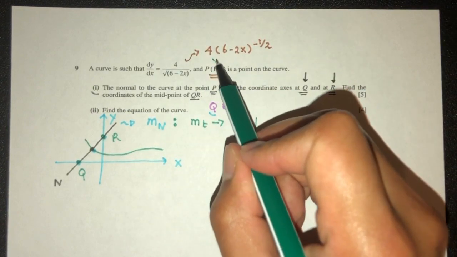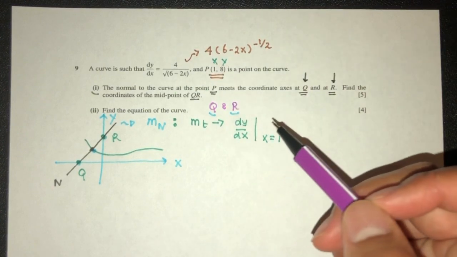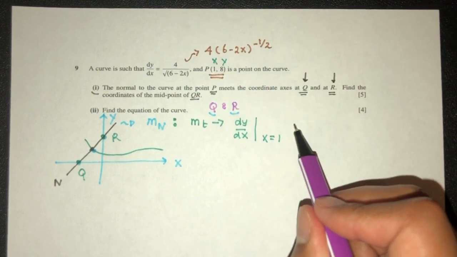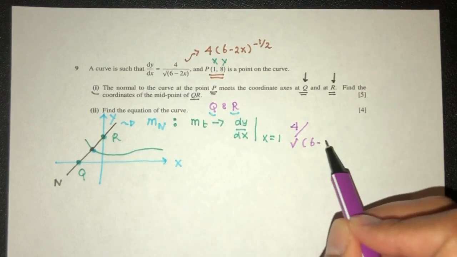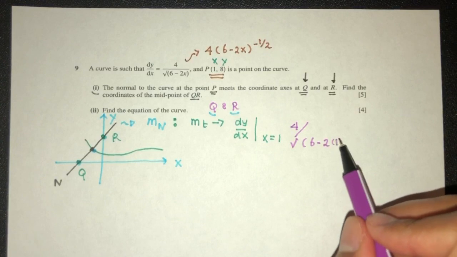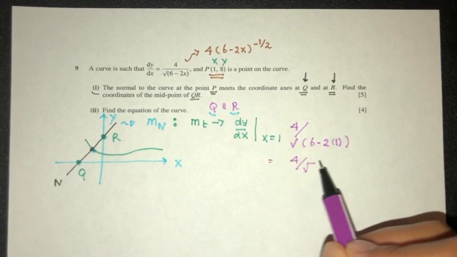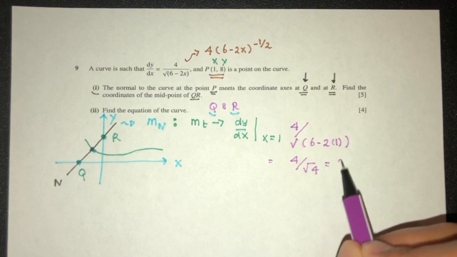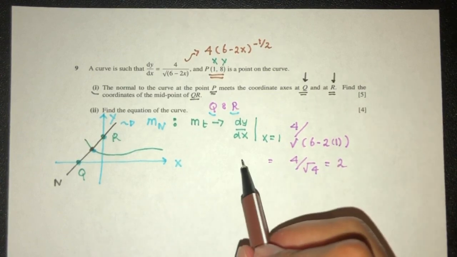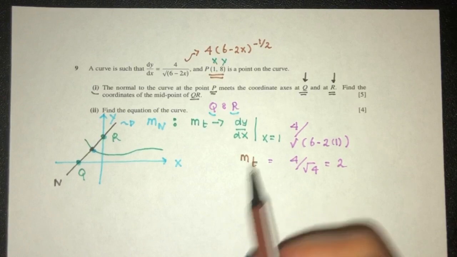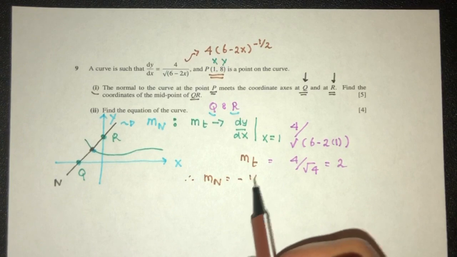We know dy by dx already. Just replace, you will have 4 over root of 6 minus 2 times 1. That should be 4 over root of 4, which is 2. This is the gradient of the tangent, which means the gradient of the normal should be minus half.